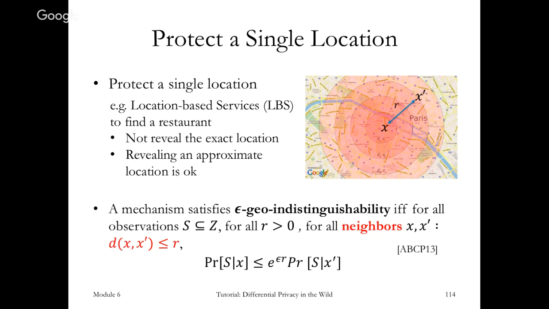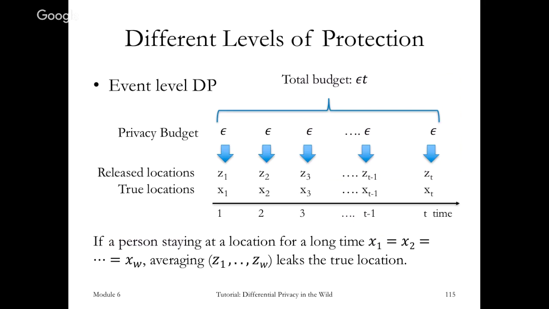However, for standard differential privacy, the term R is not specified. As long as the locations are different, you want the protection to have a ratio bounded by e to the power of epsilon. That corresponds to the event level differential privacy, where every event has a privacy guarantee of epsilon.